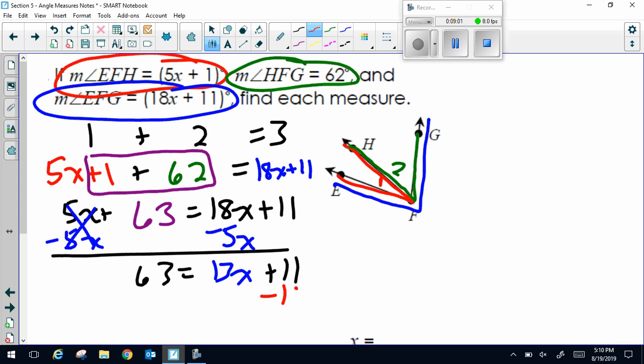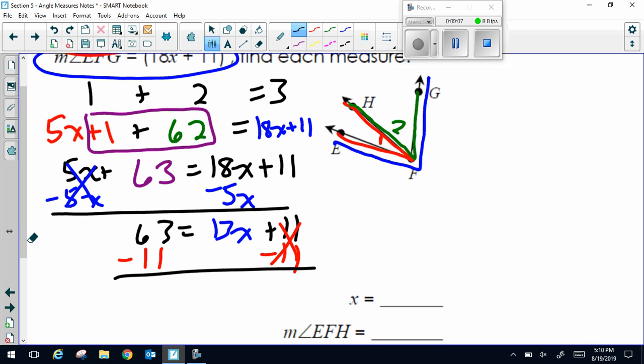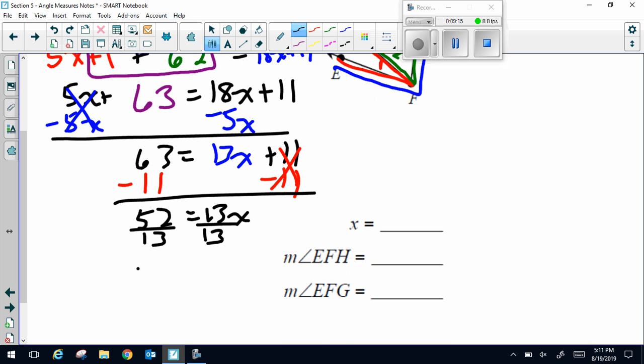Subtract 11 from both sides. So you get 52 is equal to 13x. Divide by 13, and you get x is equal to 4.